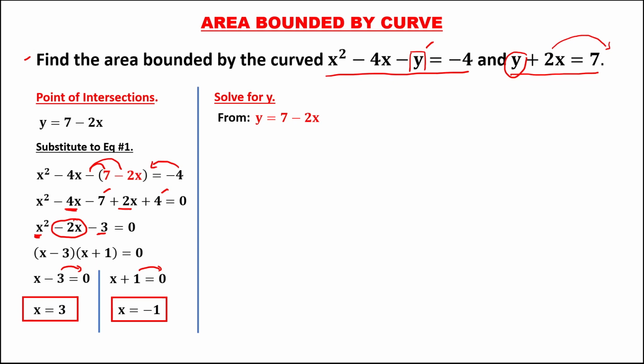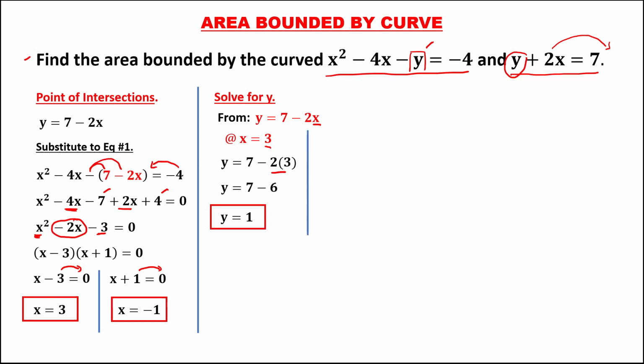And to solve for y, if x is equal to positive 3, we have y equals 7 minus 2 times positive 3, because x is positive 3. And this is y equals 7 minus 6. So therefore, y is equal to positive 1.